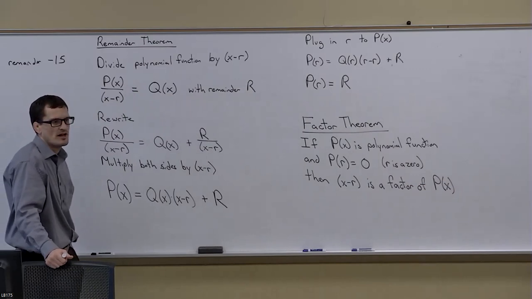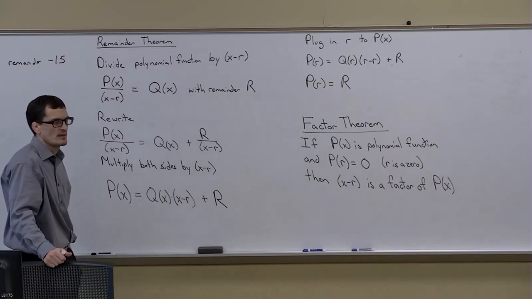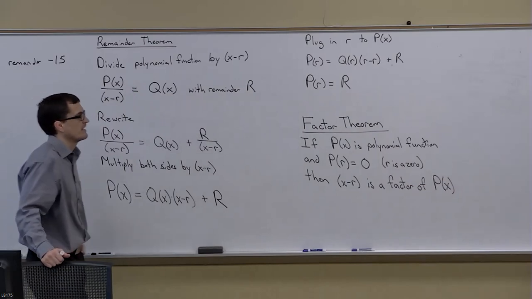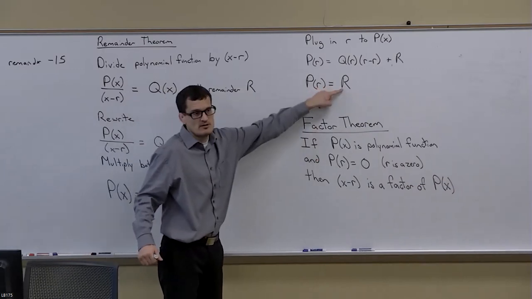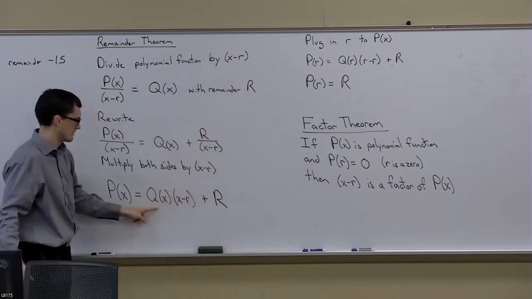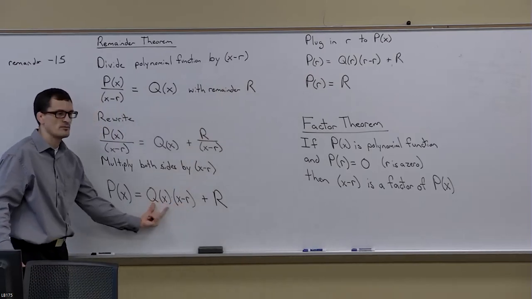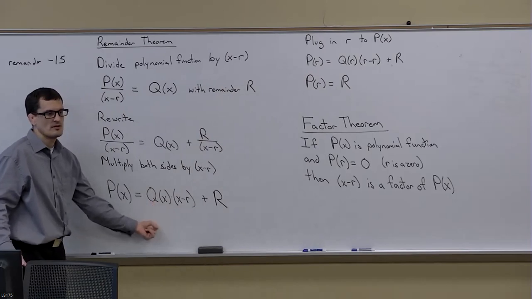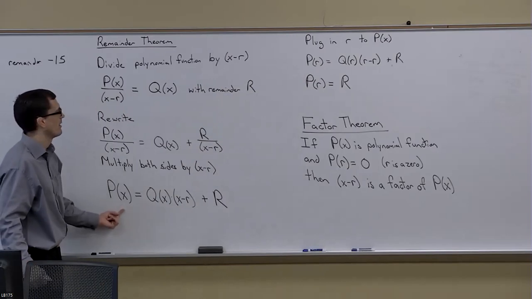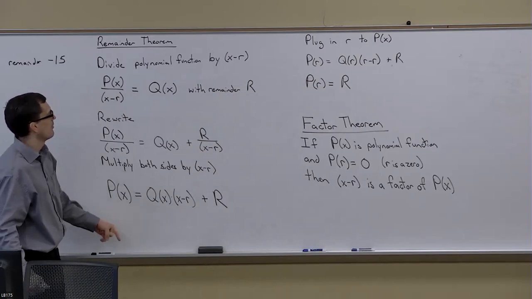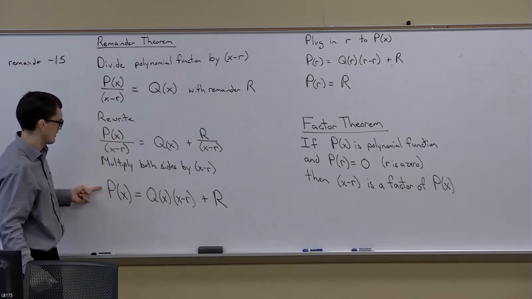That makes sense why? Basically, this tells you that the remainder is 0. And if the remainder is 0, then you can see P of x is equal to x minus r times some other polynomial. Right? Back in the remainder theorem. Yeah, this is probably the best way to see it.